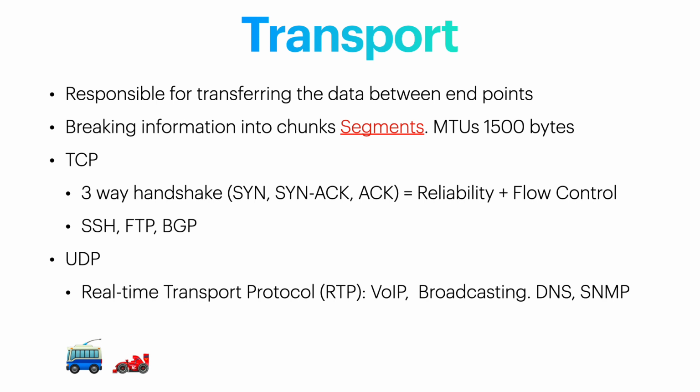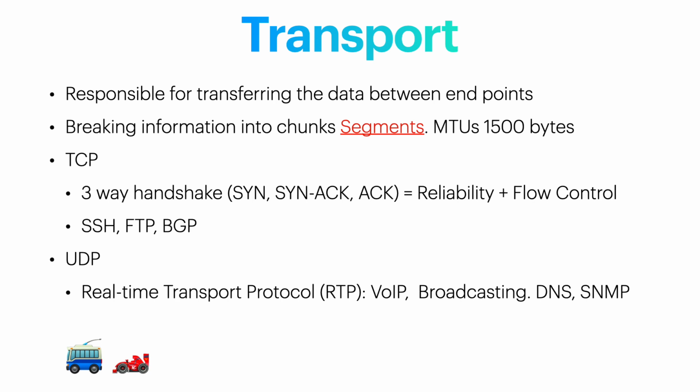For example, you want to see a movie, you want to see the whole movie. You don't want to see different parts all mixed up together. You want to see the whole movie in the specific time, clearly. Here SSH, FTP, and BGP live. On the other hand, we have UDP, and UDP is used for broadcasting, something that is not important.